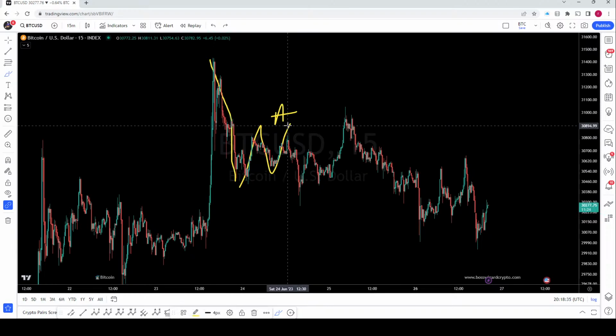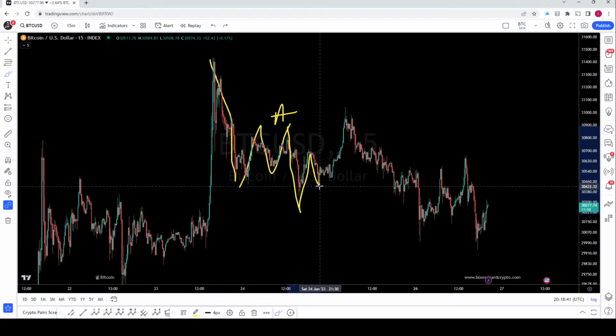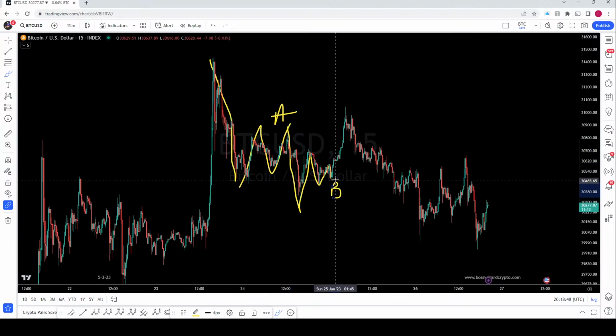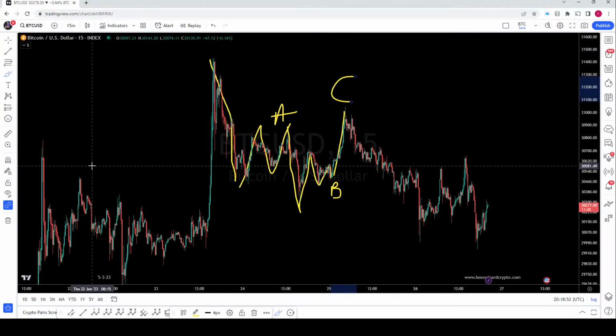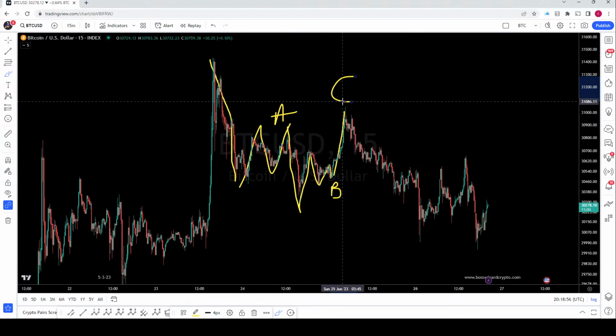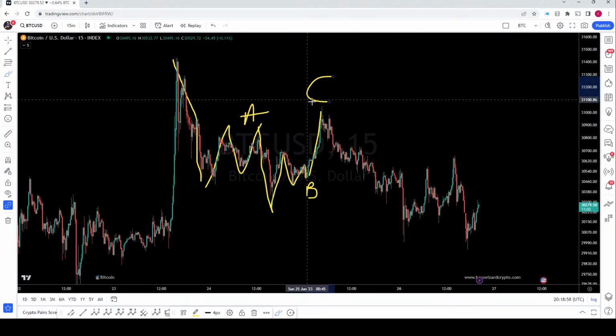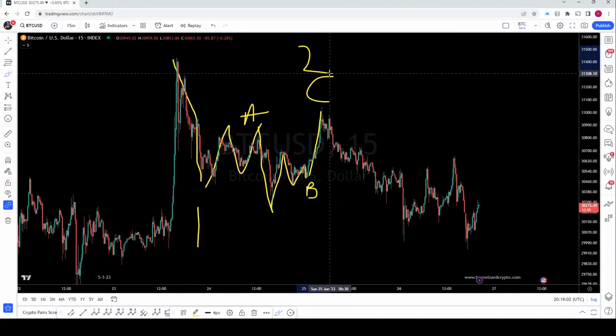Therefore, this was a triangle, i.e. A, B, C, D, E. That's your B wave. 5-wave move for your C, which you can't see because the subwaves are too small. I'm already down in the 15-minute. I mean, you can't go much lower than that to see anything, right? That. So 1, 2.